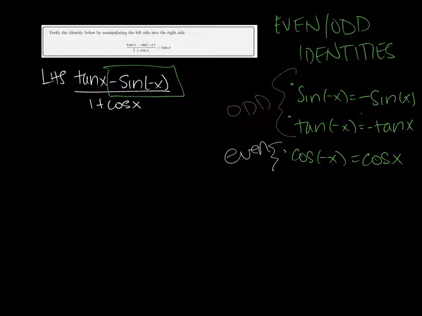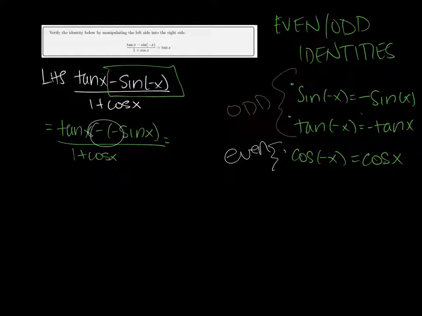Now notice that when we do this, we get tangent x minus negative sine x over 1 plus cosine x, which is going to leave us with a positive value here because the two negatives become a positive. So we're left with tangent x plus sine x divided by 1 plus cosine x.